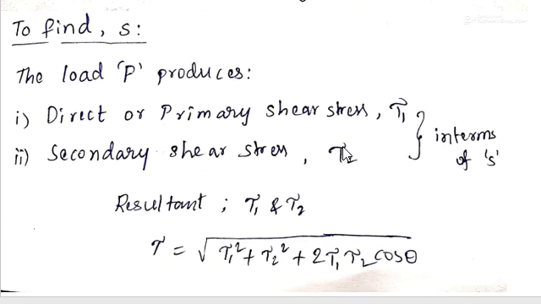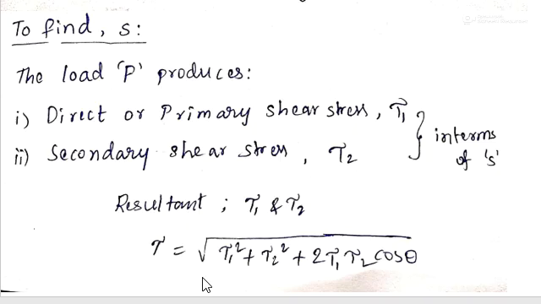So here we have to find out the direct or primary shear stress. Let us take tau 1, and the secondary shear stress tau 2, and we find these two in terms of S, and we'll find the resultant between tau 1 and tau 2 by using this formula, that is tau equals under root of tau 1 square plus tau 2 square plus 2 tau 1 tau 2 cos theta, because tau 1 and tau 2 will be acting as two sides of a parallelogram.